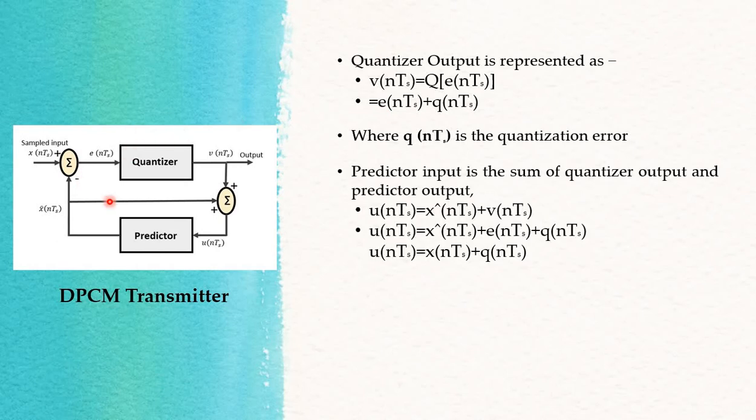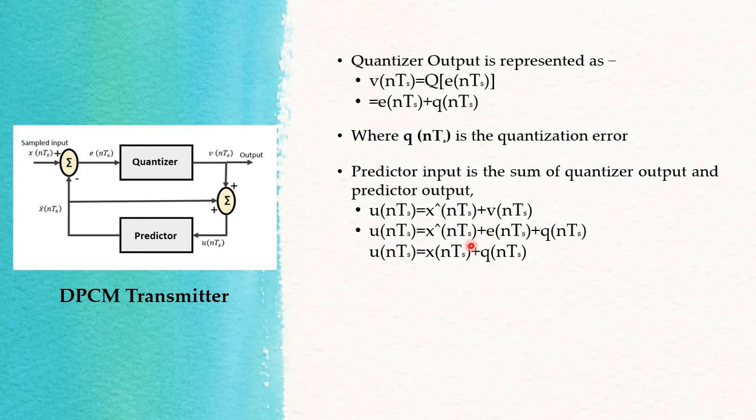Now the predictor input is the sum of the quantizer output v(nTs) and the predictor output. So u(nTs) is the output of the predictor, x bar(nTs), and v(nTs) is the input given to the quantizer, which was written as e(nTs) plus q(nTs).